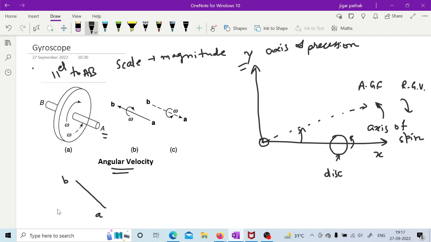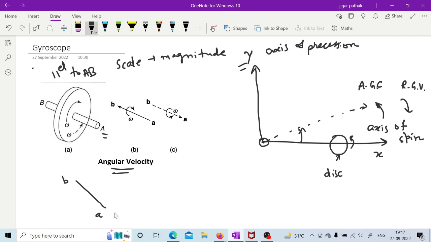Now the remaining thing is the sense of rotation. How will you decide whether it is rotating clockwise or anti-clockwise? This will be decided based on the simple right hand screw law. If you rotate in the clockwise direction, it will go away from you, and if you go anti-clockwise, it will come towards you.